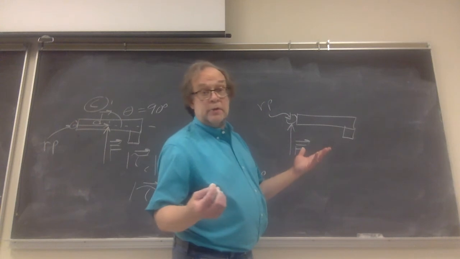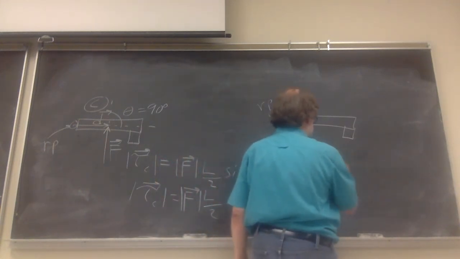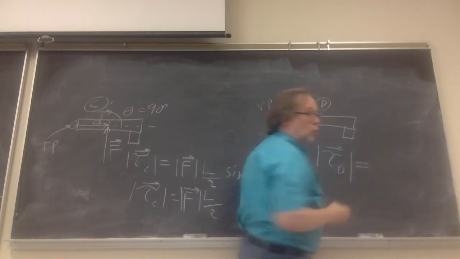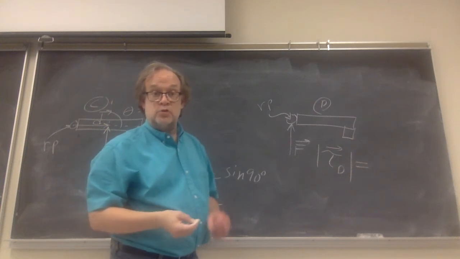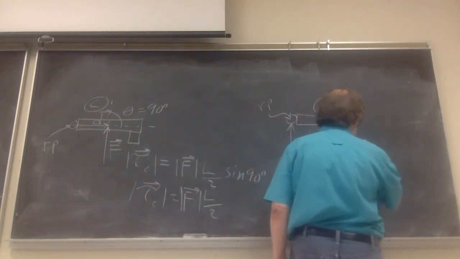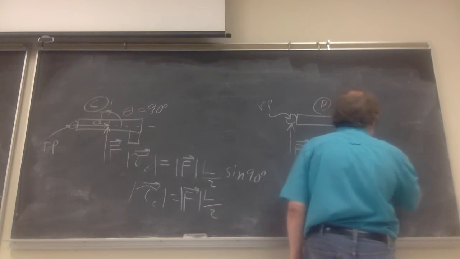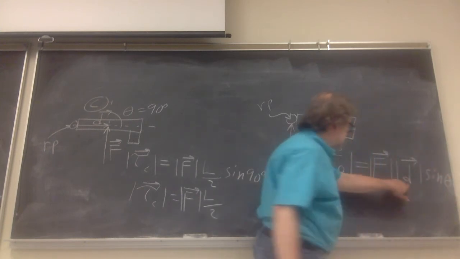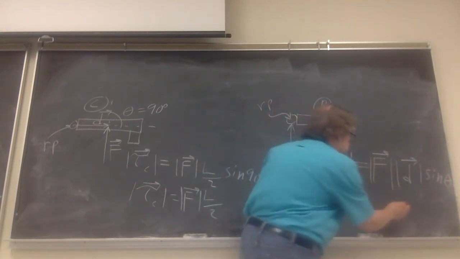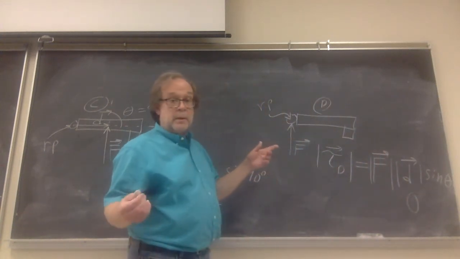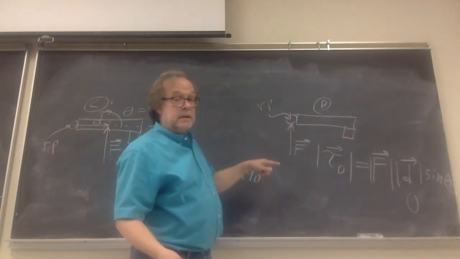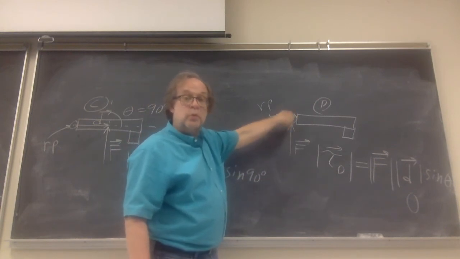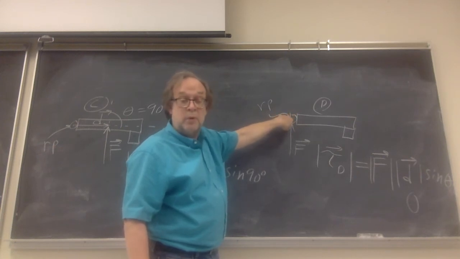And we can see why there's no torque in this case. Case D. Go back to the equation for calculating the strength of a torque. It's the strength of the force times the magnitude of the displacement vector times the sine of the angle, but that's zero. Because remember what the displacement vector D is. It's a displacement that starts at the reference point and then moves to the point where the force is applied, but in this case, they're the same point.